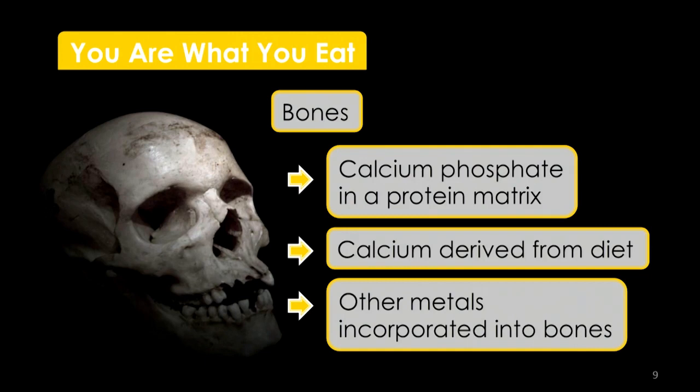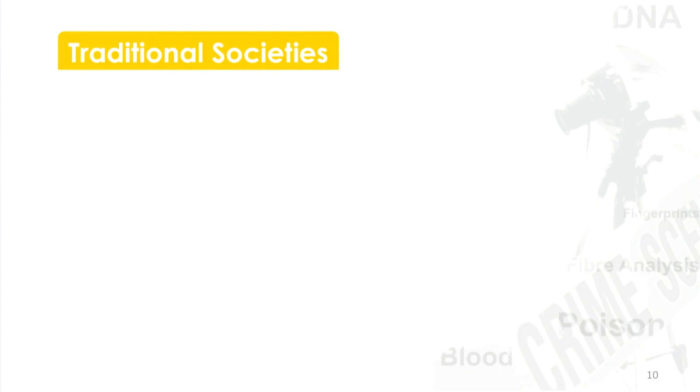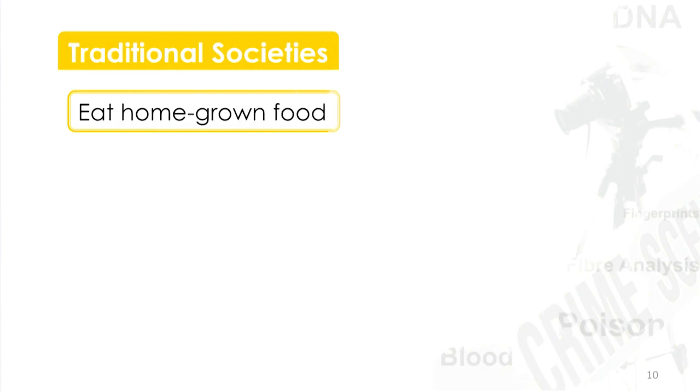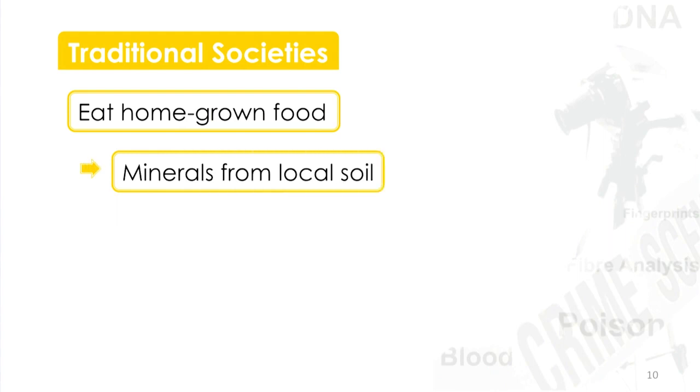Now, people who live in traditional societies tend to eat food that is grown in their neighborhood, in their backyard, on their farm. That food will contain minerals from the local soil.